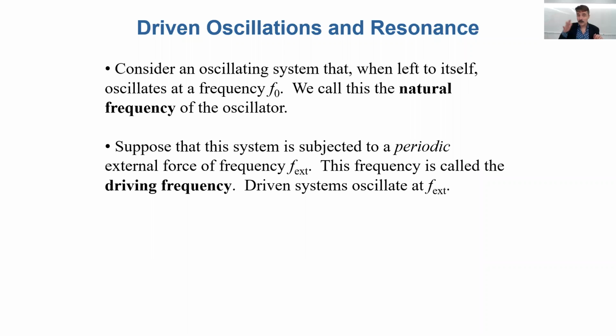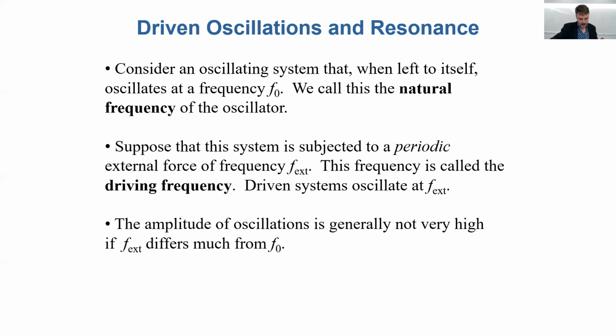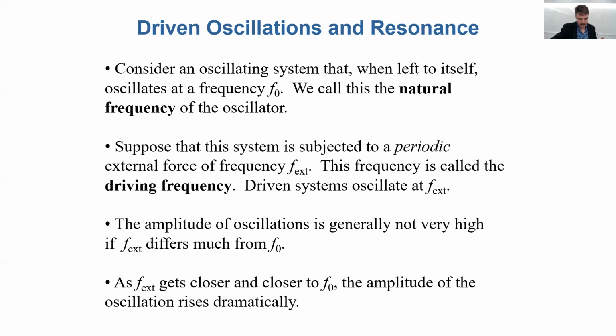And this external force has its own frequency, and we'll call that F external. That's called the driving frequency. Driven systems oscillate at F external. The amplitude of oscillations is generally not very high if F external differs much from F0, but as it gets closer, the amplitude of the oscillations rises dramatically.